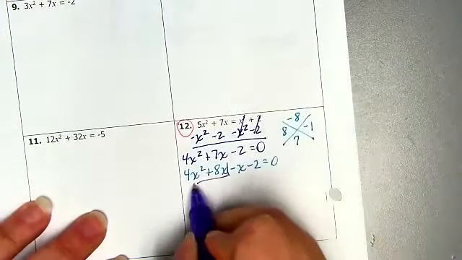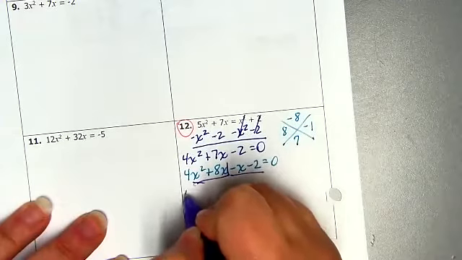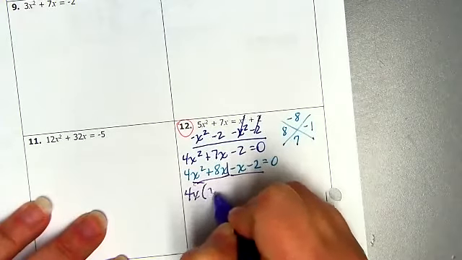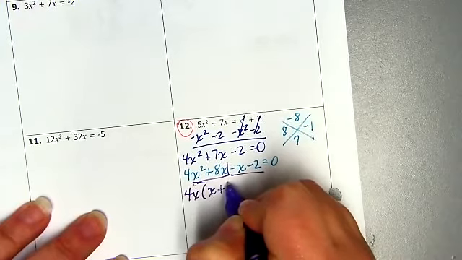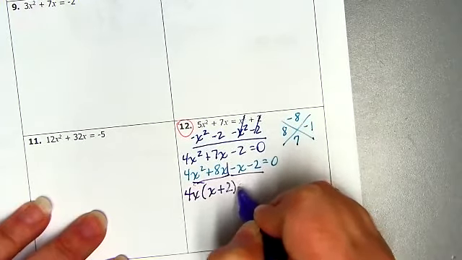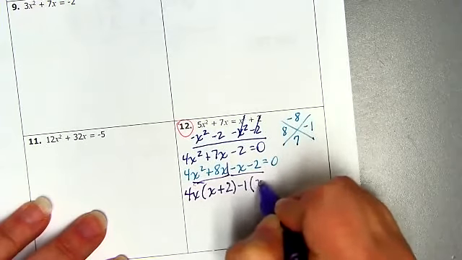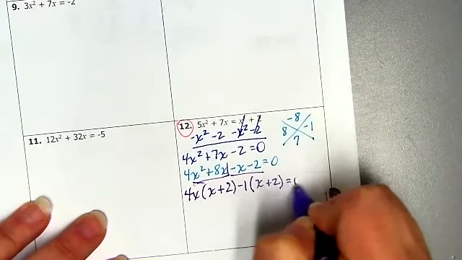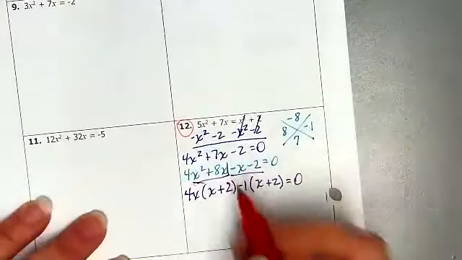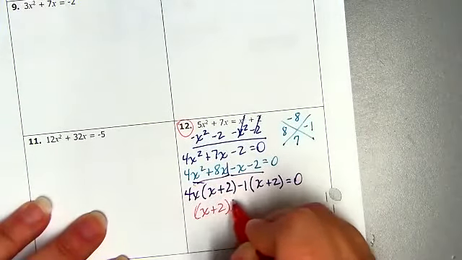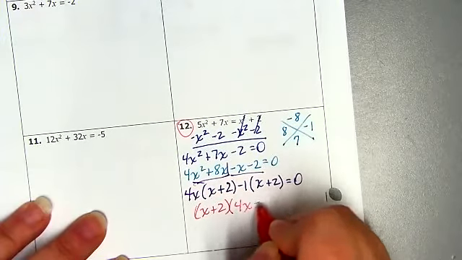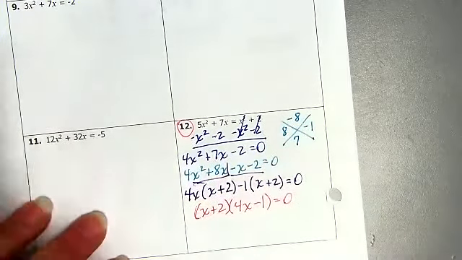And now we factor. I have 4x, so that's complete with x plus 2. Factor out a -1, and I'm going to have x plus 2 equals 0. And now I'm going to have x plus 2 times 4x minus 1 equals 0.